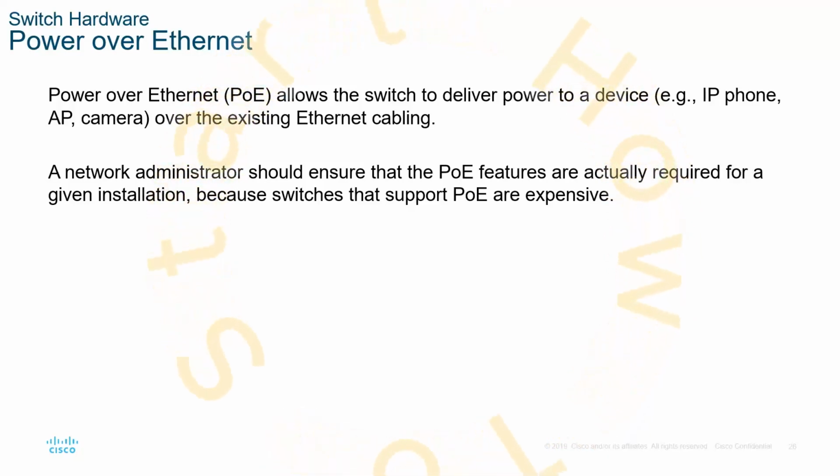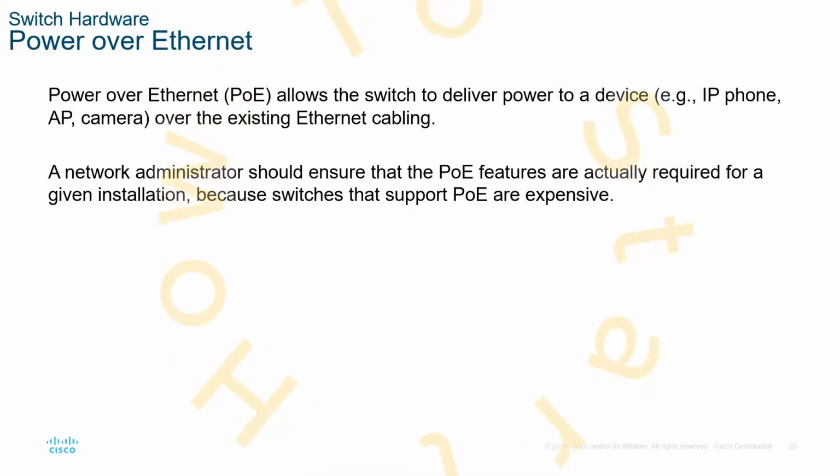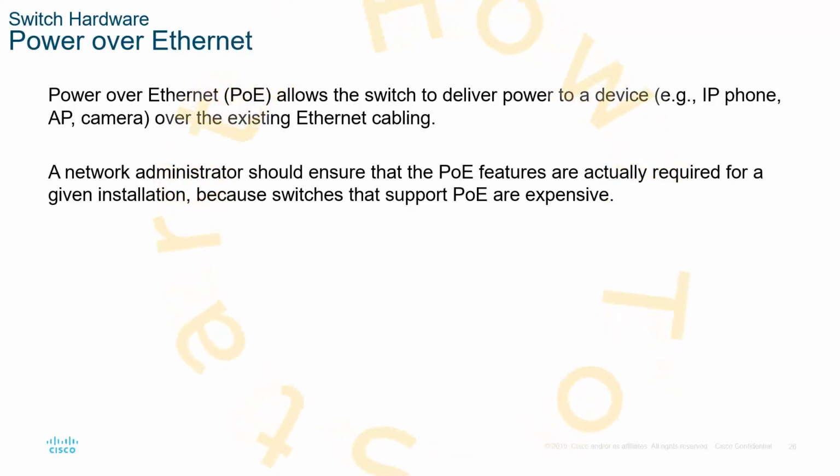And there's different standards in how much power that each PoE can support. Some support 24 volts, some support 48 volts. So those are considerations. However, PoE is actually not really covered in that level of detail for the CCNA. So just wanted to point that out.